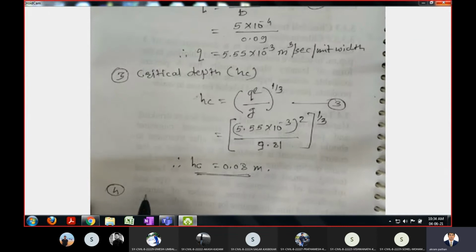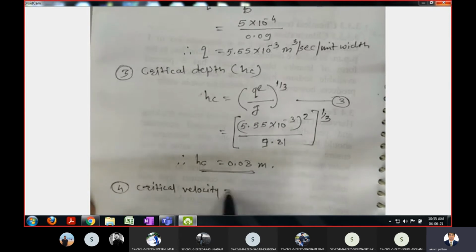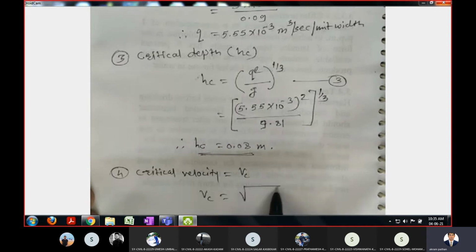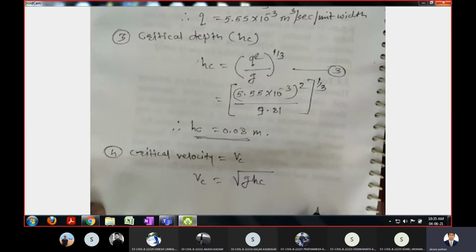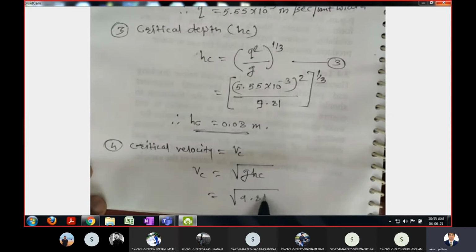Then the fourth parameter we have to calculate, that is critical velocity, that is Vc. So Vc is equal to under root g HC. So here under root 9.81 into HC.